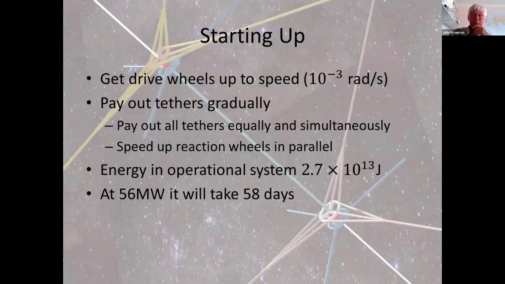So how do we start it up then? The answer to starting it up is, first of all, you speed up the drive wheels and the reaction wheels at the same time, and then start paying out the tethers, paying out all the tethers equally and simultaneously. And if you work out your power budget and how much energy you need, it will take 58 days.